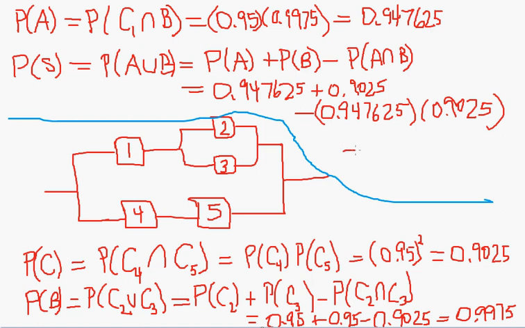And so the answer will be just simply doing the arithmetic. 0.947625 plus 0.9025 minus 0.947625 times 0.9025 gives me 0.994893 accurate to 6 decimal places. So that's the probability that the entire system works.